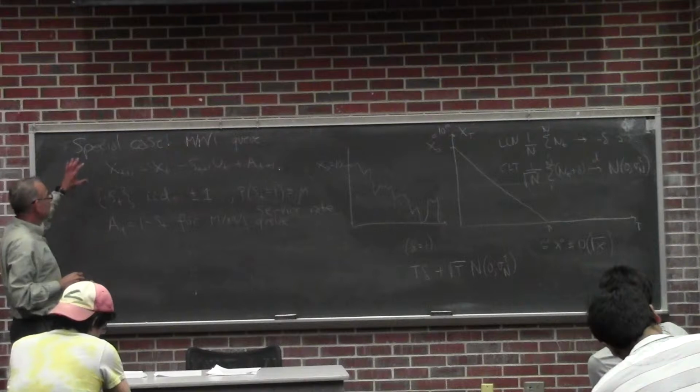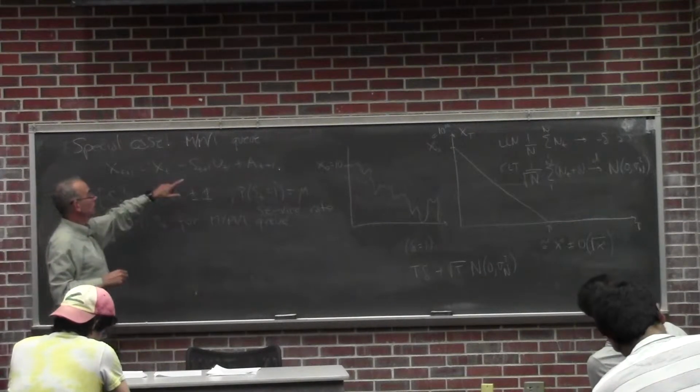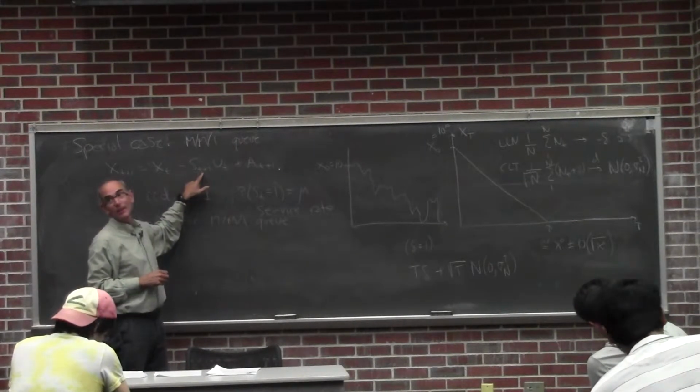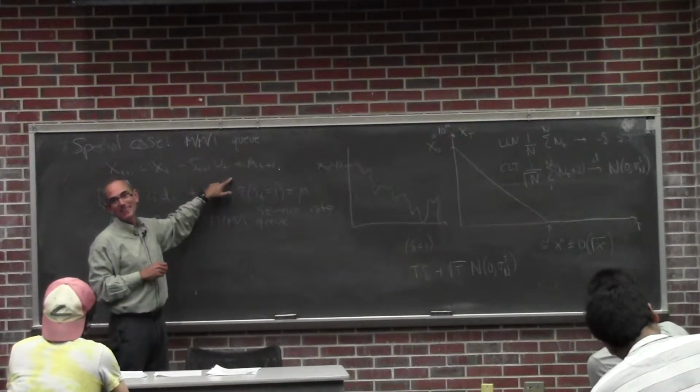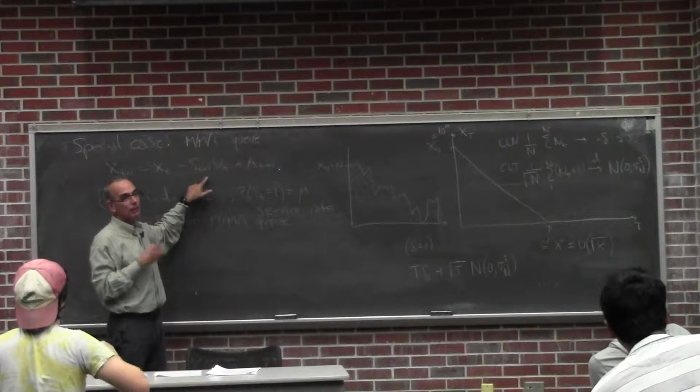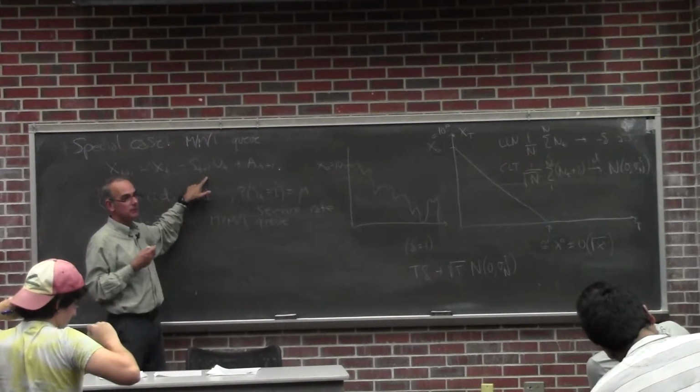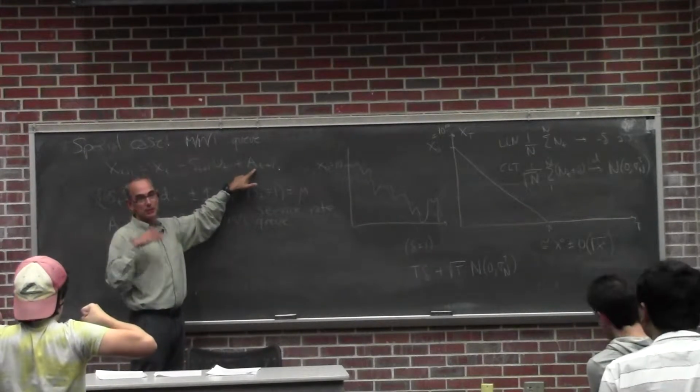This is a sort of general model for Q, where these guys are IID, and the control U is chosen so this thing never gets negative. S refers to a service process, and A is an arrival process.